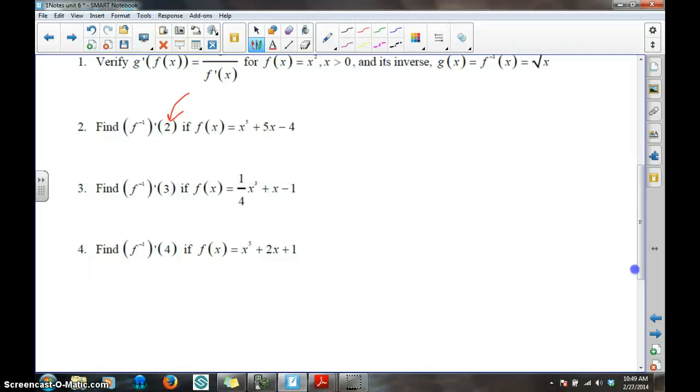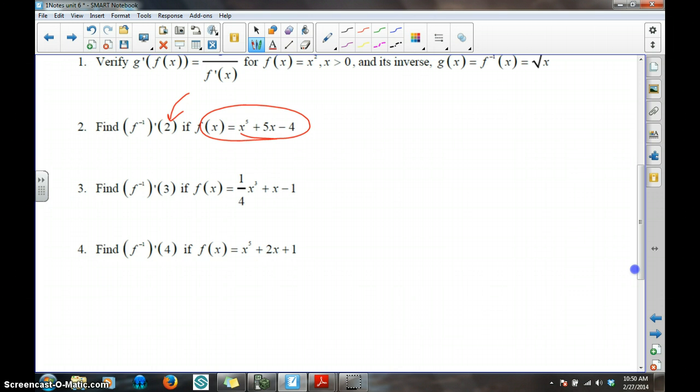If I'm going to do this little trick, don't find the inverse and then derive, but rather derive and invert, then this is not the number I want to be using. I'm going to be plugging into the derivative of the original function. I want to plug in the x for the original function, which I'll also have to find.